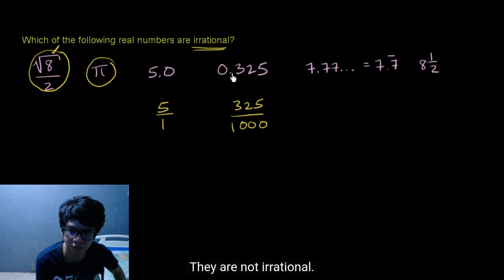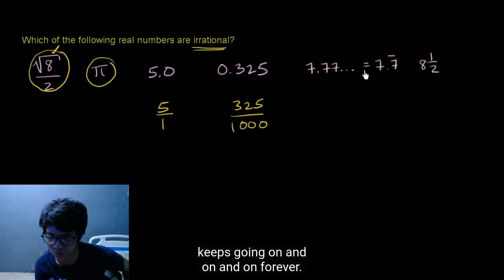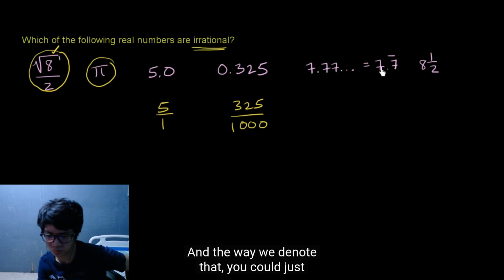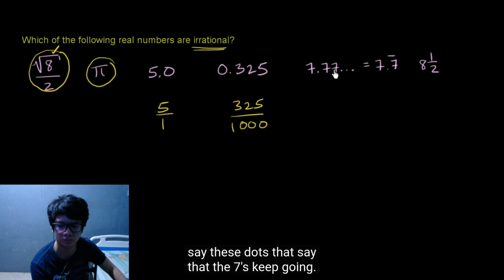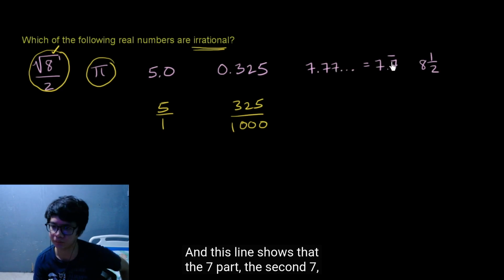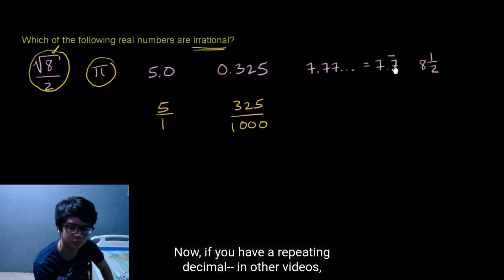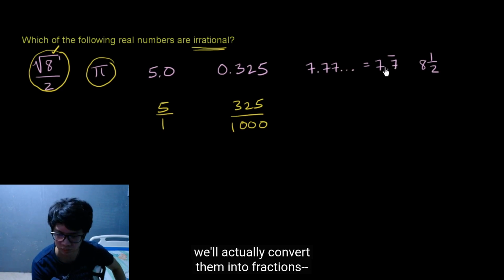They are not irrational. Here I have 7.777777, and it just keeps going on and on and on forever. And the way we denote that, you could just say these dots that say that the 7s keep going, or you could say 7.7, and this line shows that the second 7 just keeps repeating on forever. Now, if you have a repeating decimal, in other videos we'll actually convert them into fractions.